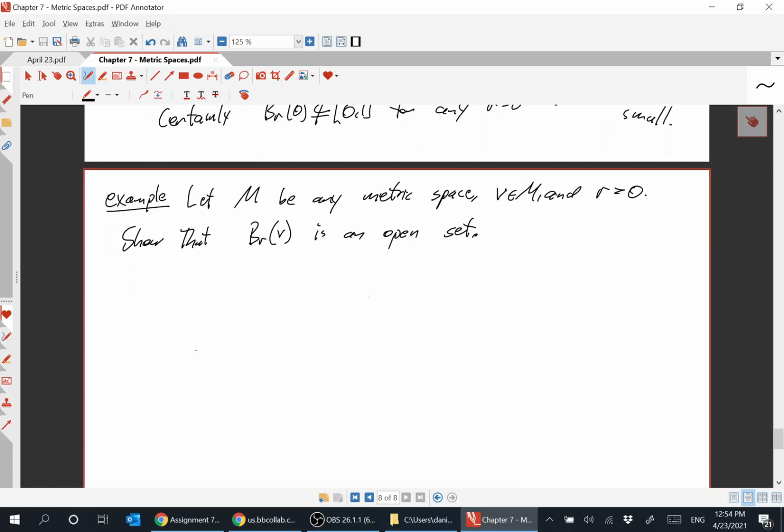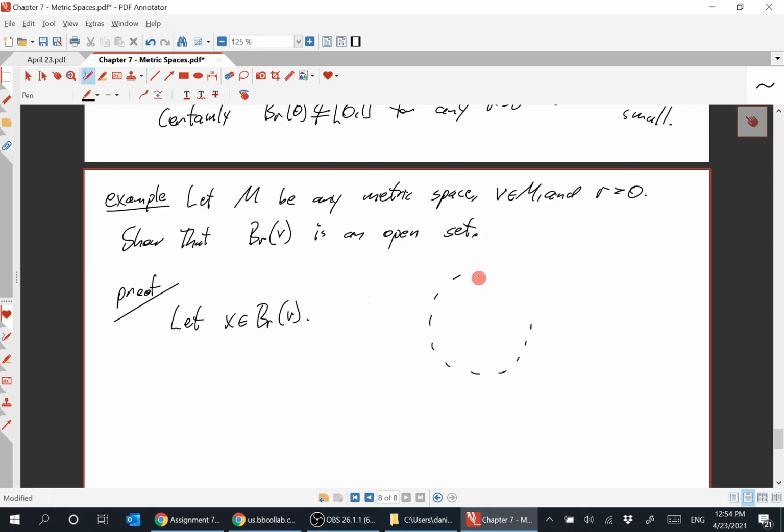Okay, so proof. Let x be an element of the open ball of radius r around v. Let's draw a picture to help us along here.